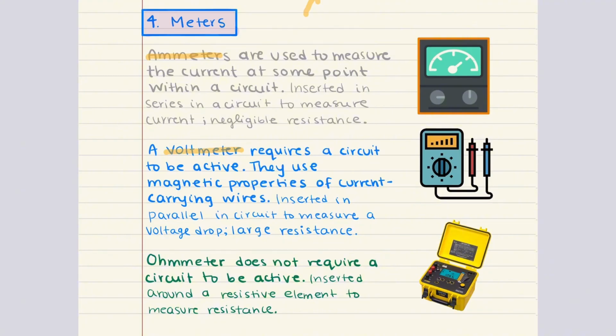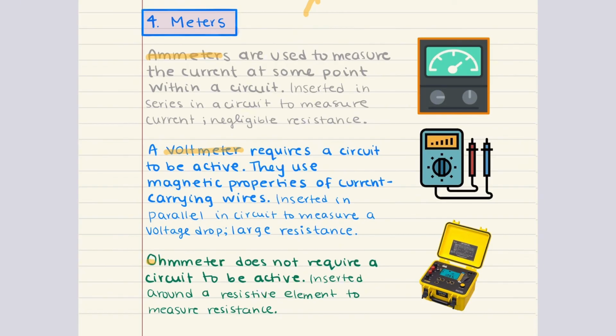And since a voltmeter is connected in parallel, it ideally has infinite resistance. This prevents any current from flowing through the voltmeter itself, ensuring the circuit behaves as it would without the meter in place. Now, in practice, real voltmeters have very high resistance to minimize their impact on the circuit.